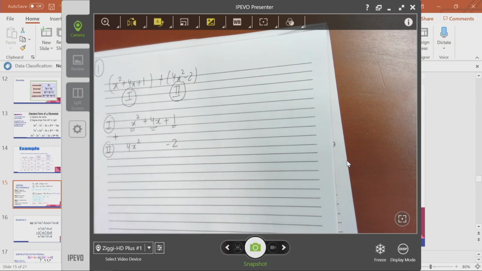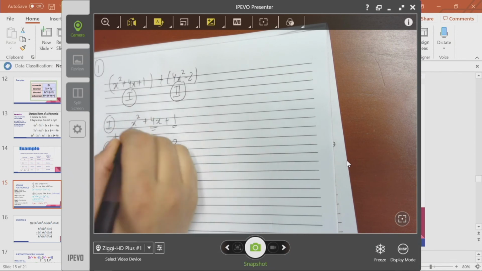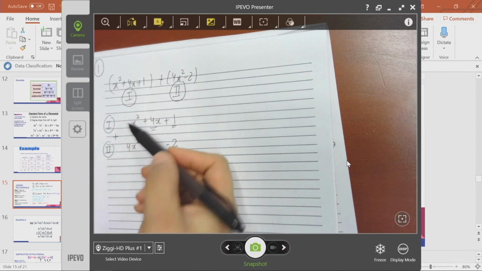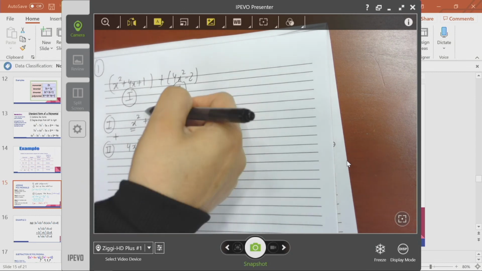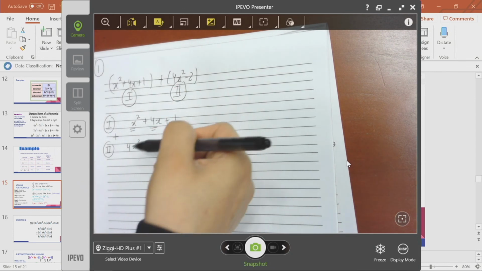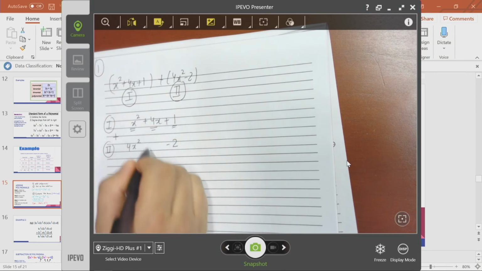Now, you must be wondering why I have placed nothing in the middle. It's always efficient to line up your terms according to the like terms. For example, in the first part, we have x squared. I have to add it with 4x squared. That's why I'm lining up in a straight vertical line so that I will add only like terms. Now, we don't have any x term in the second expression.